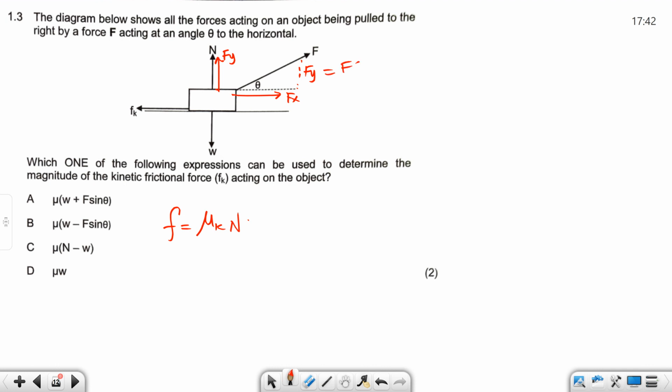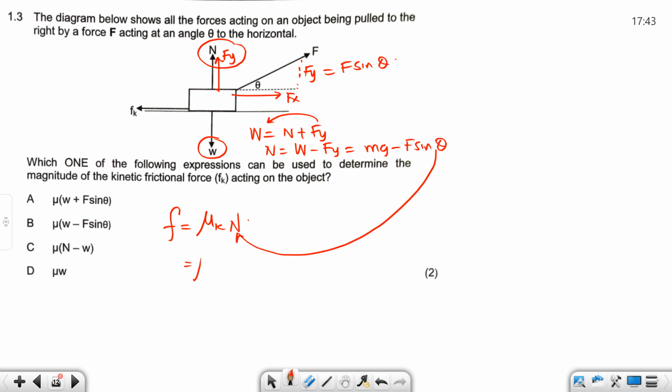If I complete this, the one that is opposite is sine. So my Fy is F sine theta. Now, these 2 forces should be equal to that. So the weight is equal to N. Why? What is N? N is mg minus F sine theta. Can we bring that here?